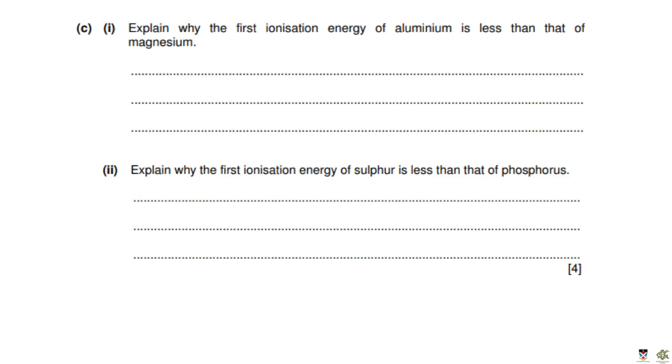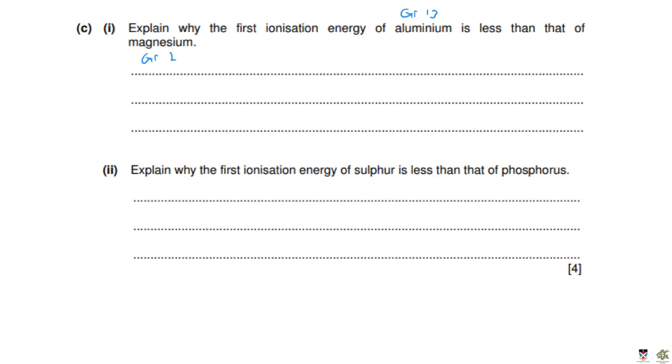Explain why the first ionization energy of aluminium is less than that of magnesium. This is the first one of those exceptions which we looked at as we go across a period. Aluminium is in group 3 or 13, and magnesium is in group 2. As we go from group 2 to group 3, why do we see that little dip in the ionization energy?